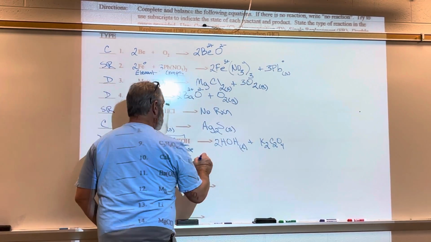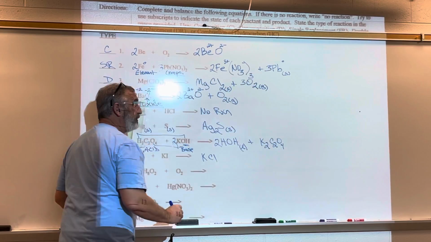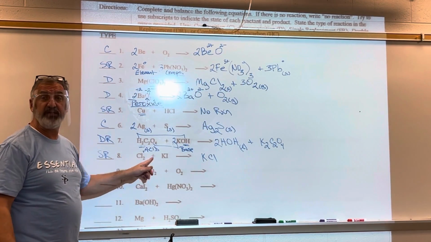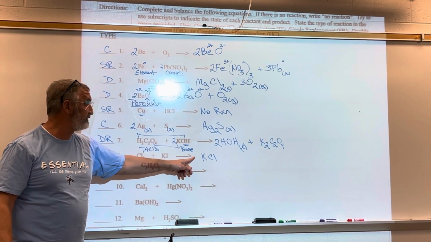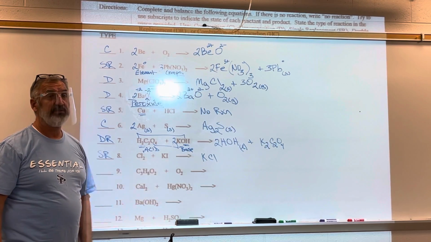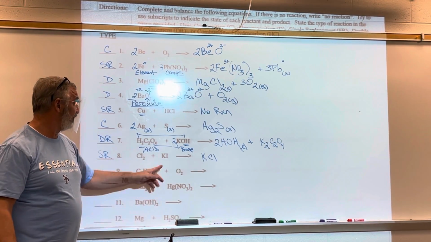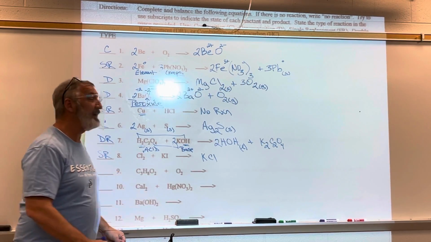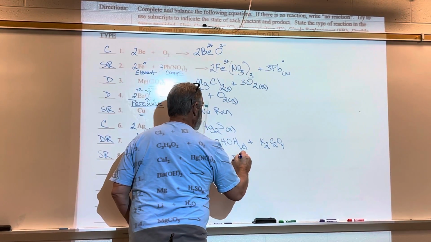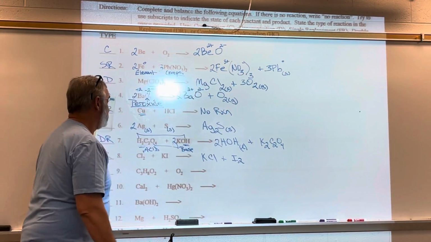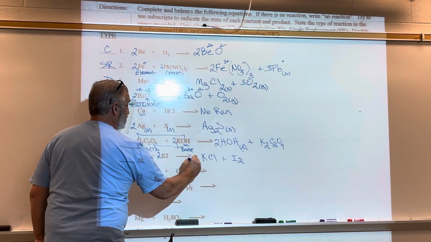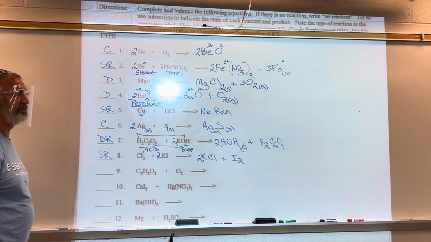So we're going to get KCl, but we balance the charge. Just because it's a 2 here doesn't mean it's going to be a 2 over there. What's the charge on potassium? What's the charge on chlorine? -1. And +1 and -1, so it's just KCl. And what's left? Iodine, but because it's iodine, it's I2. So we have to balance it again, putting a 2 and a 2.